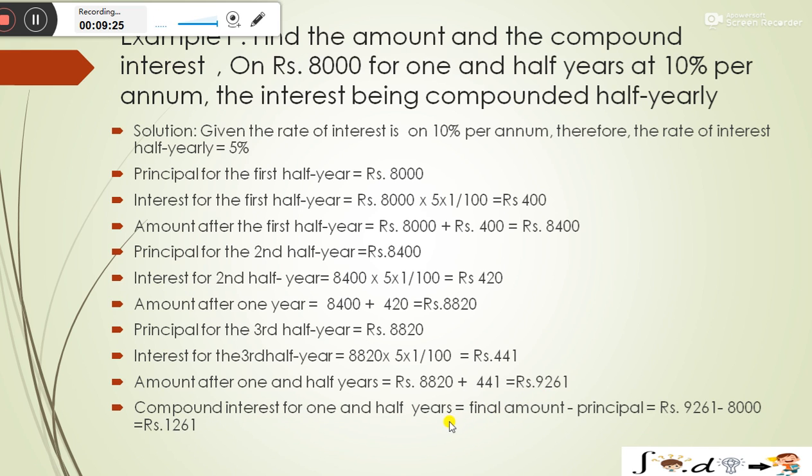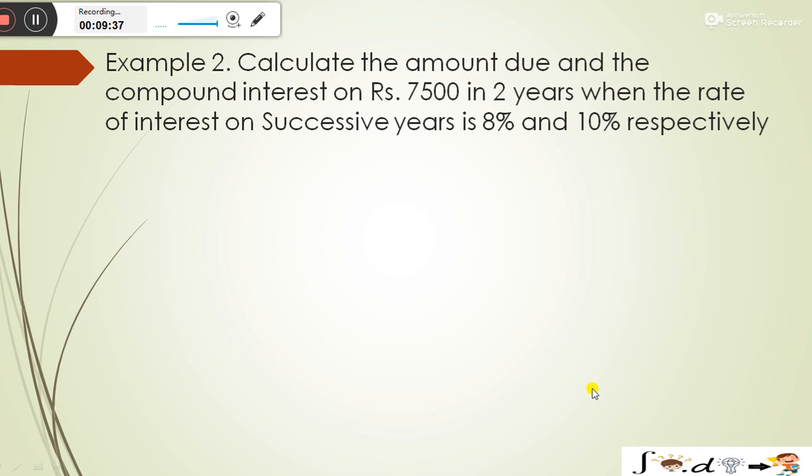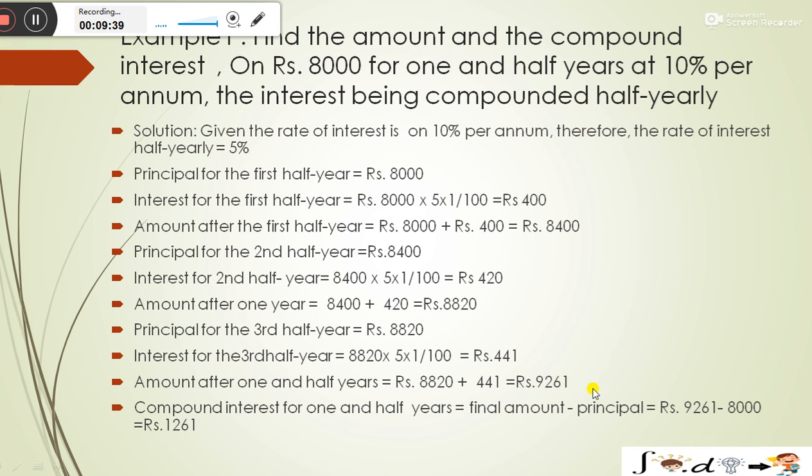And the compound interest for the 1.5 years, that is the final amount minus principal. The final amount is 9,261 and principal is 8,000, and compound interest will be 1,161. Is it clear? Yes.